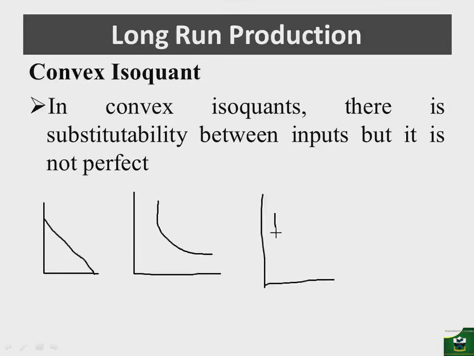And then finally, we have the Leontief, which goes like that. So the degree of substitutability reduces as you move from the linear to the L-shaped, or we can say the degree of substitutability decreases as you move from the linear to the L-shaped.